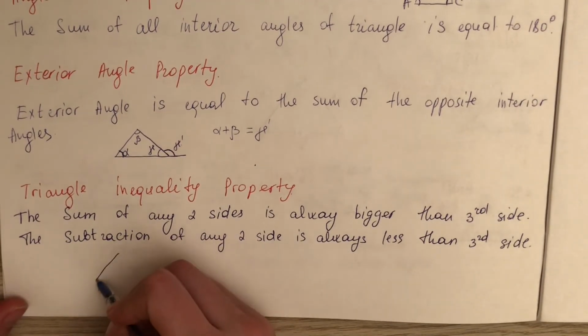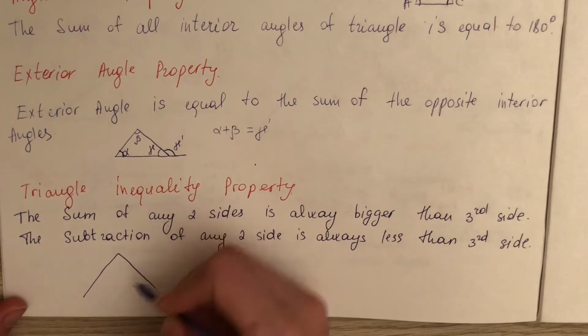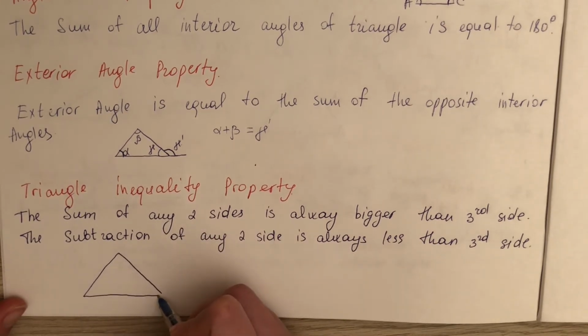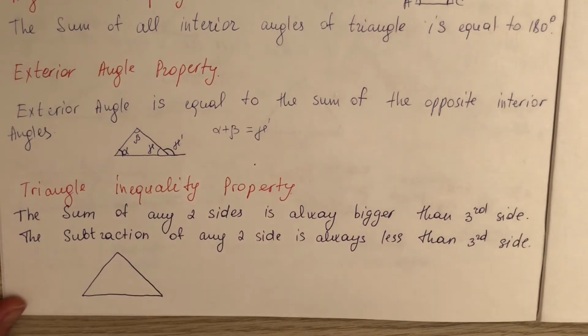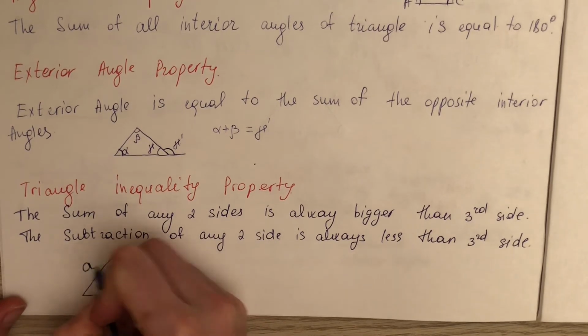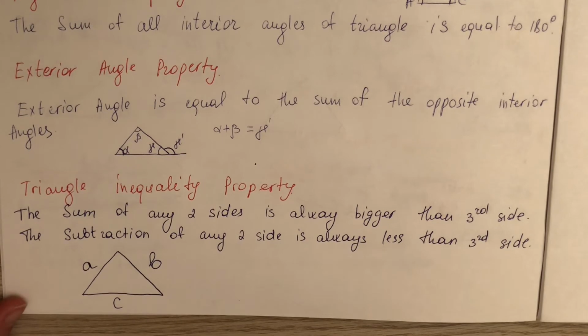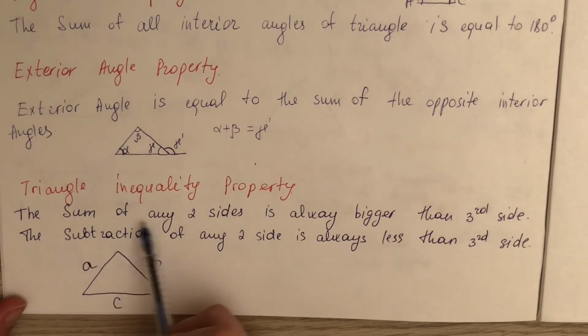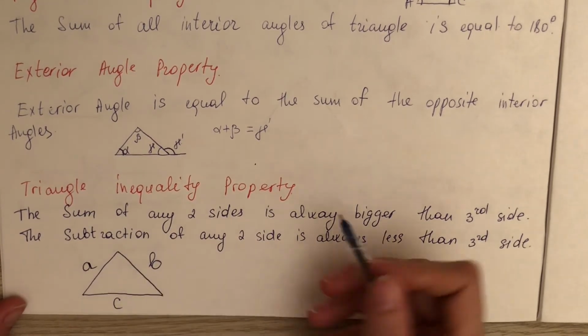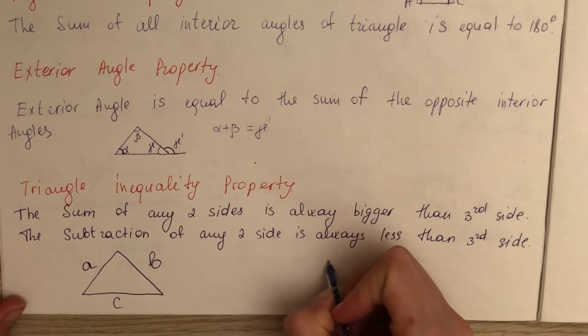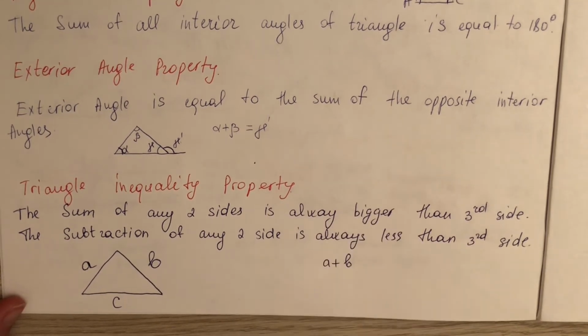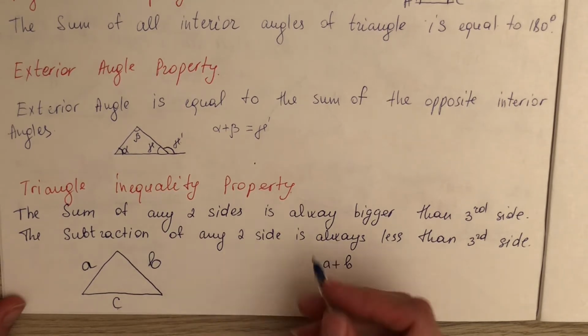Let it be our triangle, let it be side A, side B, and side C. We say that the sum of any two sides, let it be the sum of A and B, is always bigger than C, okay?